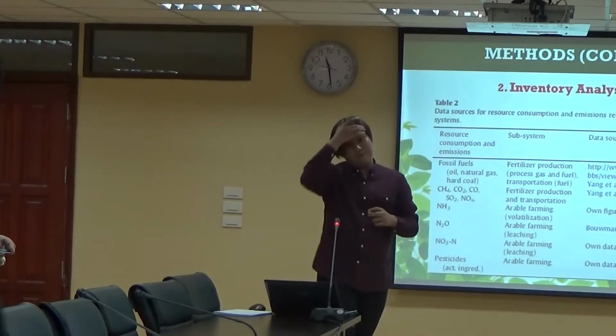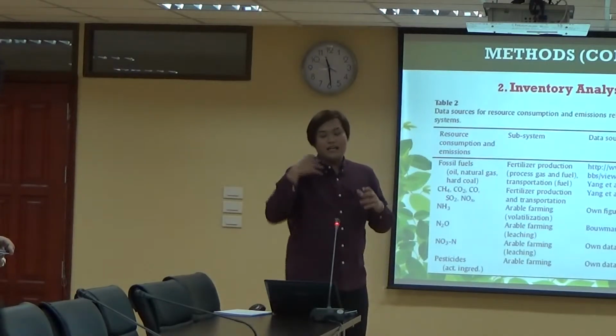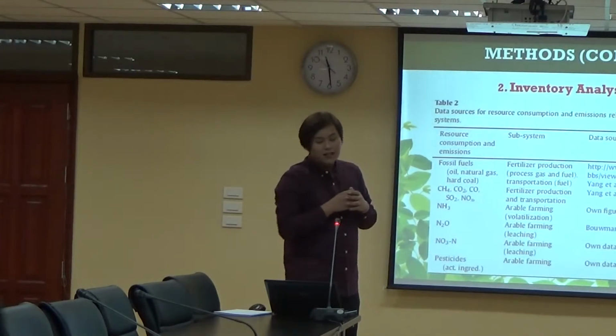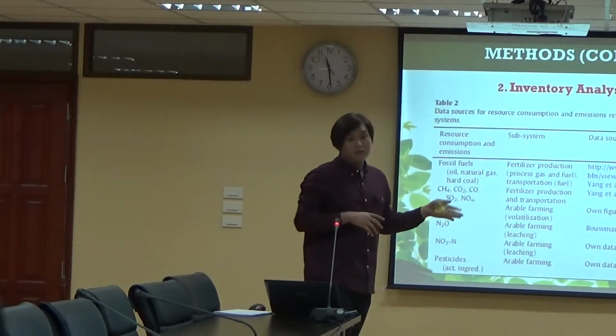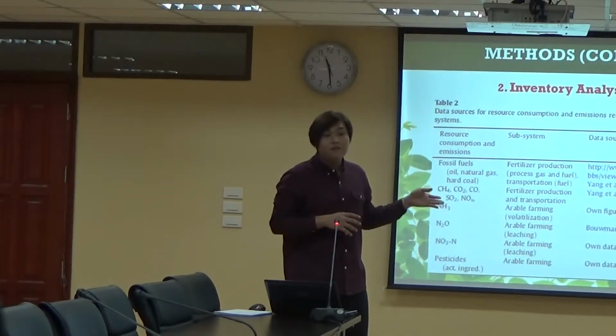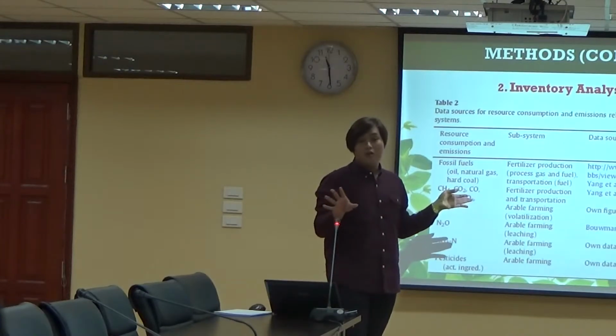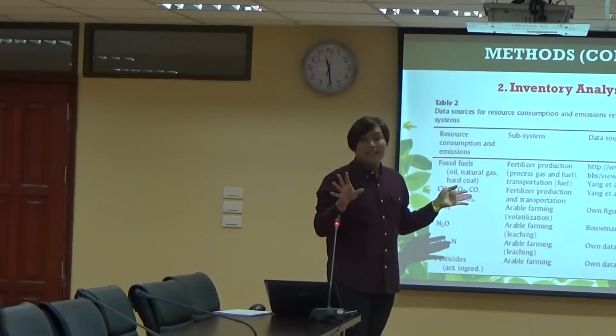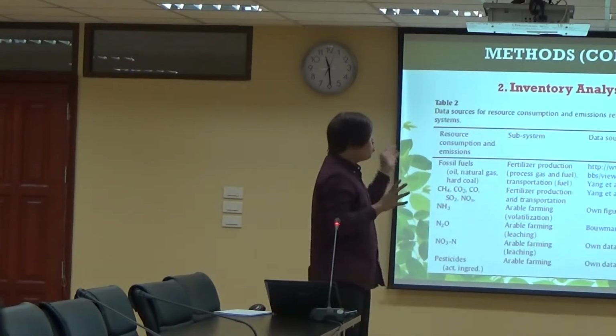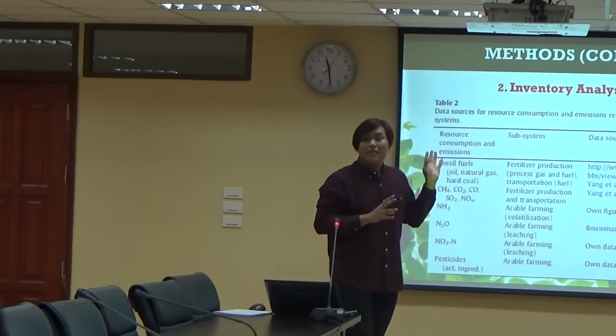In the second step, they collect the data. You can see in this table, it's not only primary data, because you can't collect all the data. When you can't collect the data, you will use the secondary data.